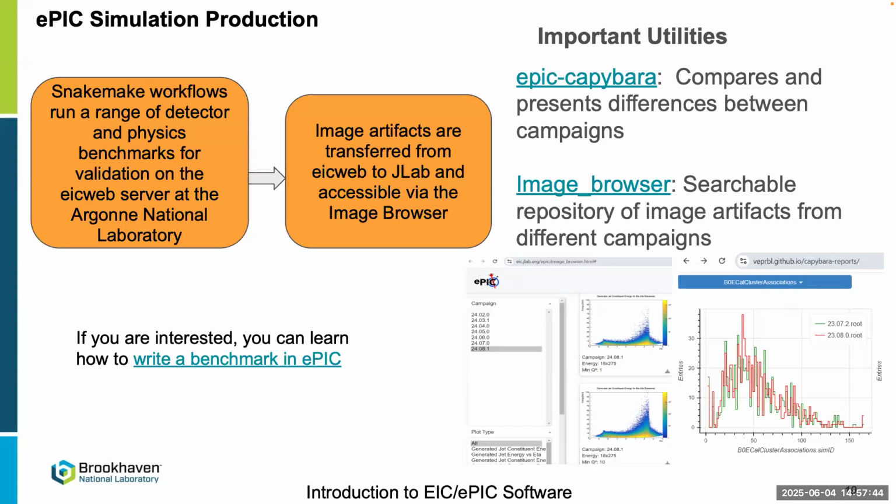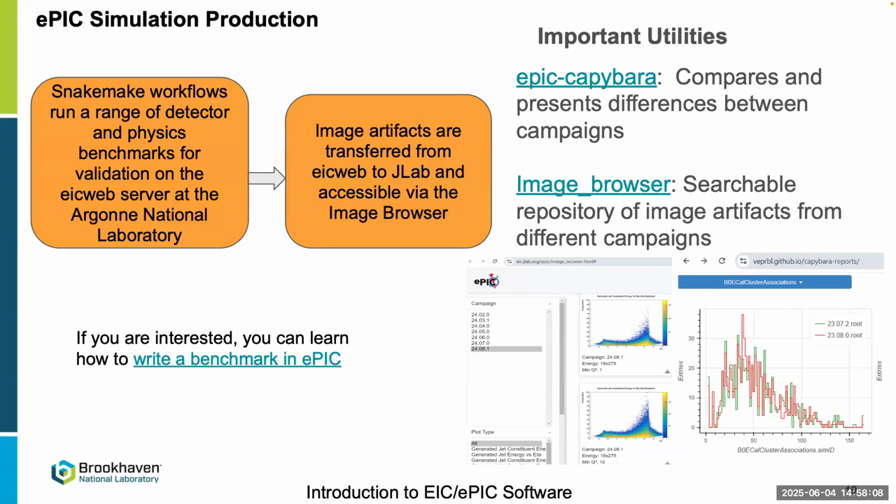Then it produces some image artifacts, and they're all transferred from EIC web to JLab, and then that's accessible through our image browser. So what people do is they'll write a particular analysis, save it, and upload it as a benchmark to our benchmark repository. What that allows them to do is quickly check if anything is different month to month.